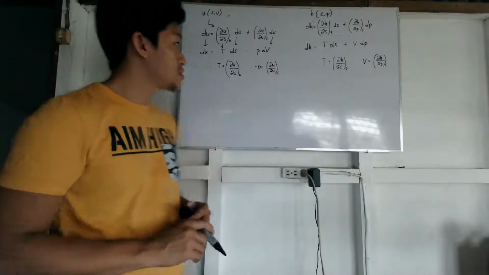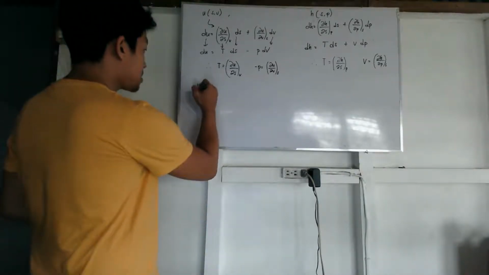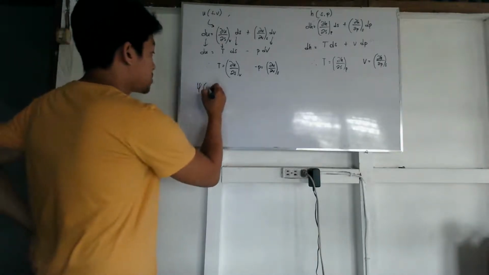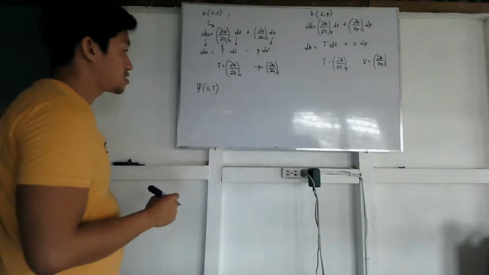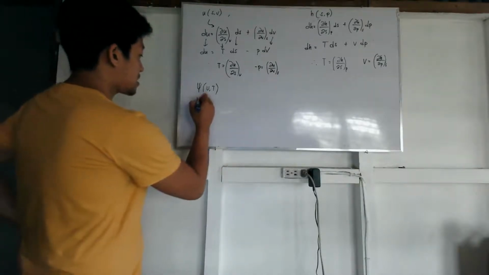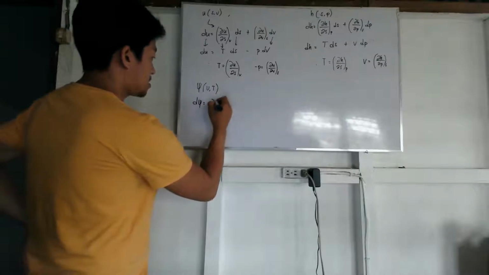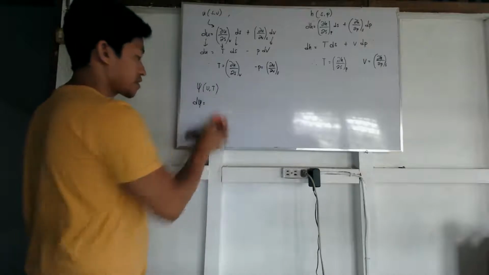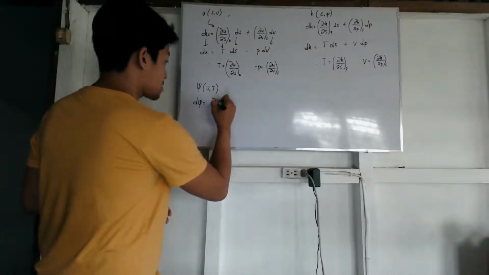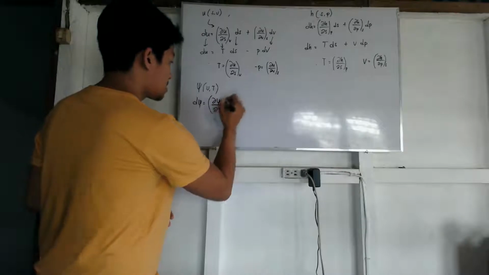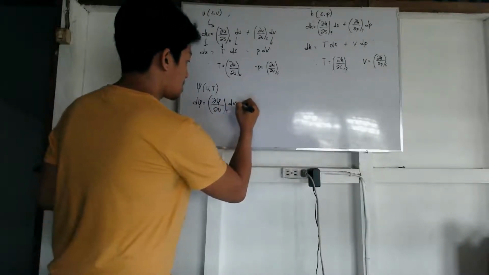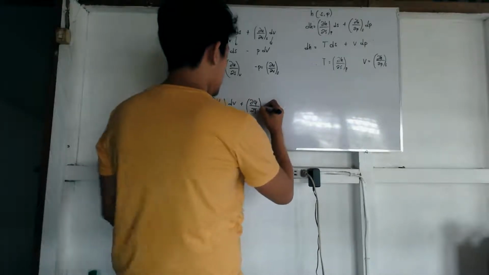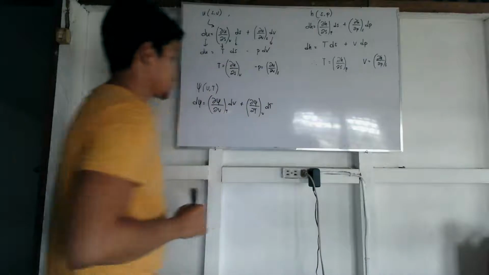So for the Helmholtz function, the function of volume and temperature, we get the exact differential, partial of psi with respect to v, constant temperature, dv plus partial of psi with respect to T, constant volume, dT. Okay.